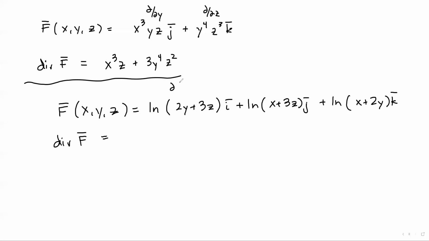So we're going to differentiate this with respect to x, this with respect to y, this with respect to z. And if you notice, there's no x's here. So the derivative of the natural log of 2y plus 3z with respect to x is 0. The derivative of natural log of x plus 3z with respect to y is going to be 0. And the derivative of natural log of x plus 2y with respect to z is also going to be 0. And so we get 0 from our divergence calculation.